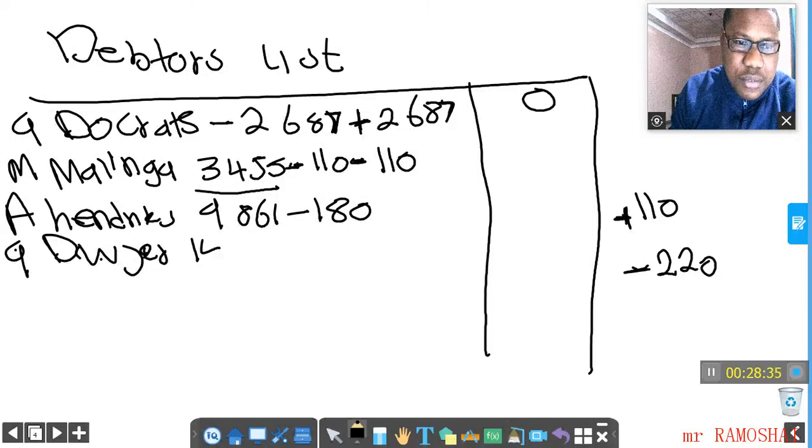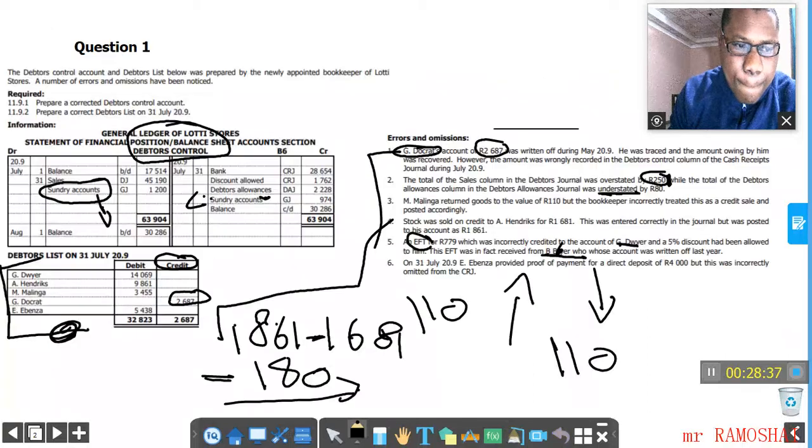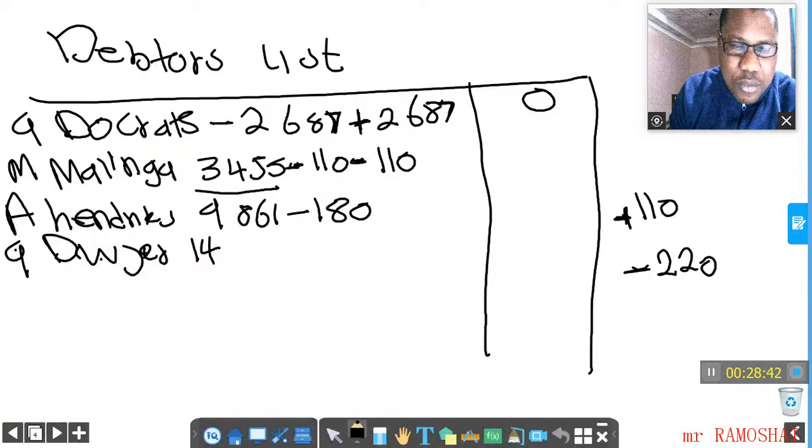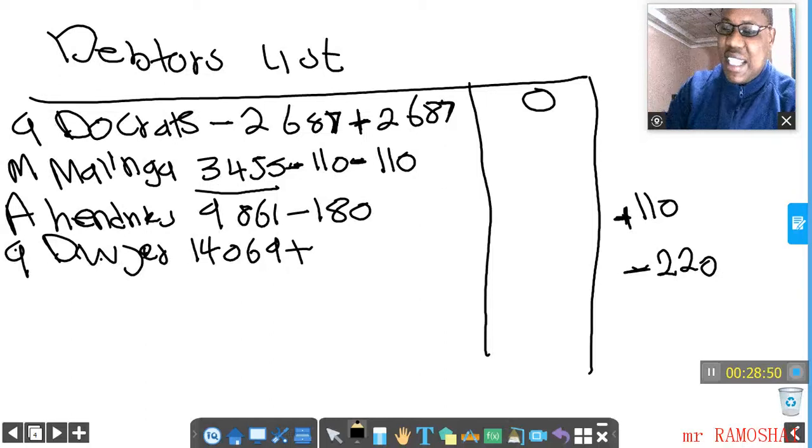It was recorded as an EFT, so now we are taking it back because it did not belong to him. So we take everything back to his account, plus 41, right?